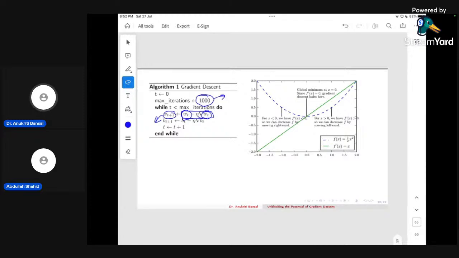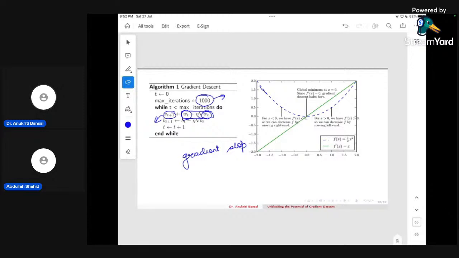But here I have taken a higher value, so that after this many iterations, my error will be almost close to zero. And in which direction we have to move, how we have to update our weights, we always move in the direction opposite to the gradient. And gradient means the slope.